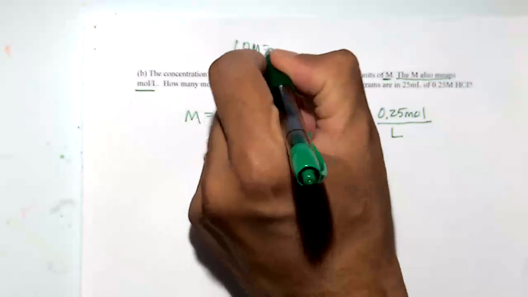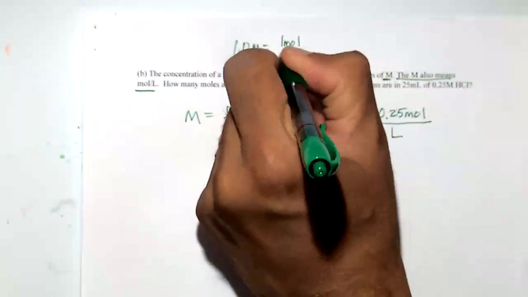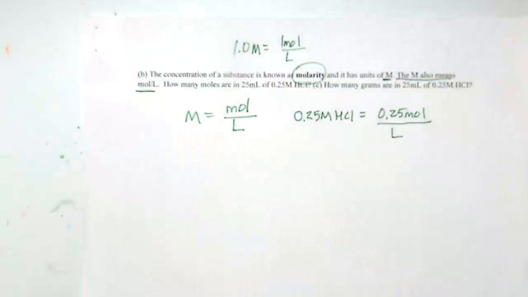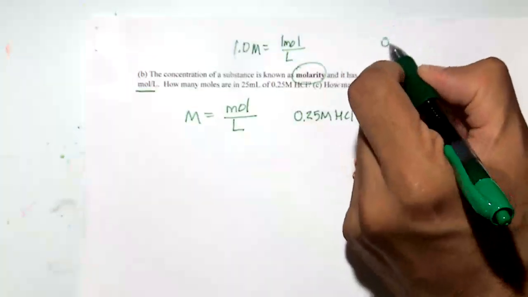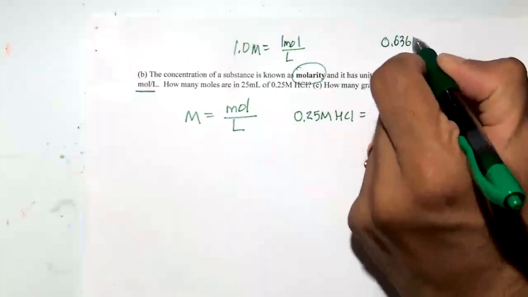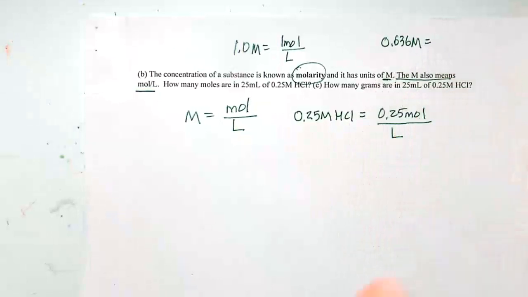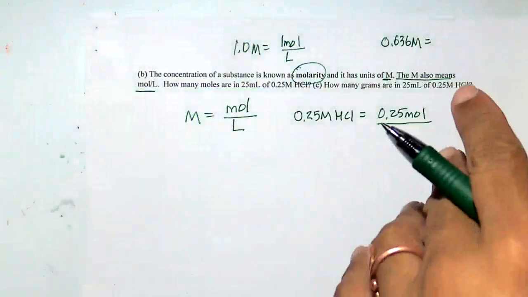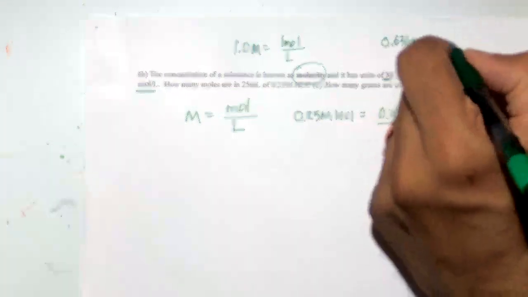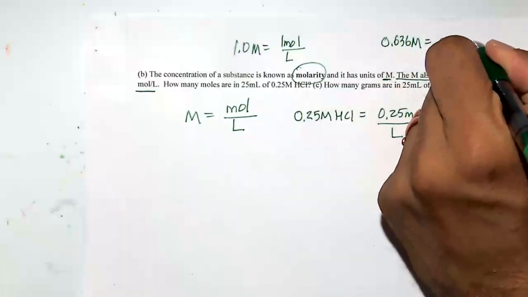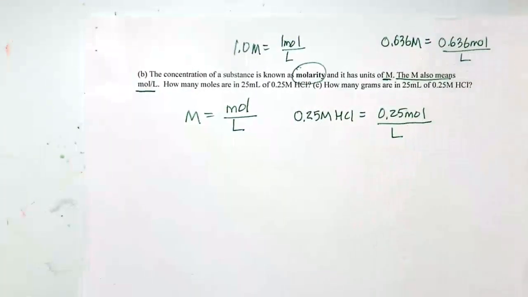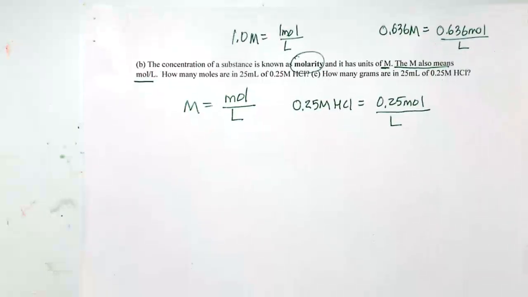What does 1 molar mean? 1 mole over a liter. What does 0.636 molar mean of HCl or whatever chemical? Mole over liter. Are we okay with this?